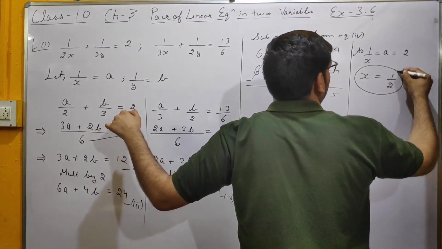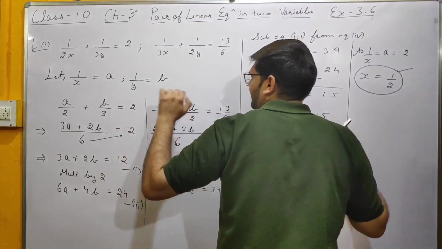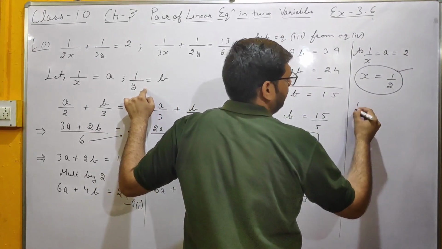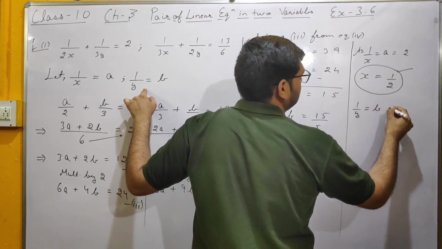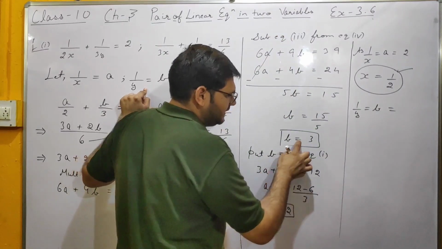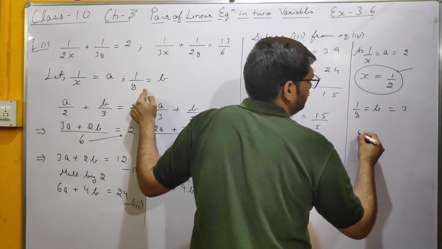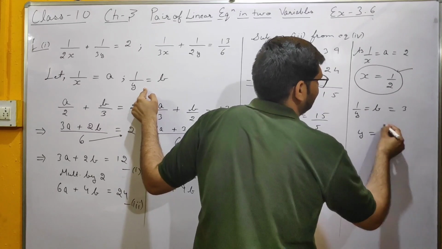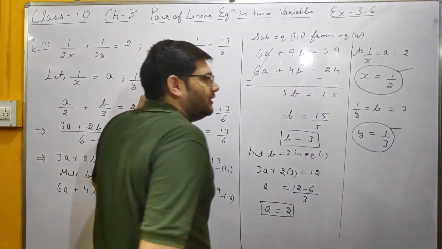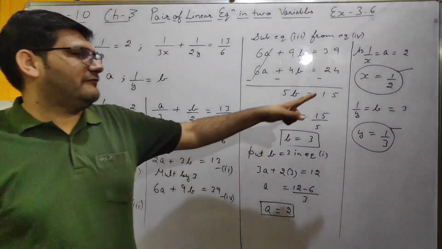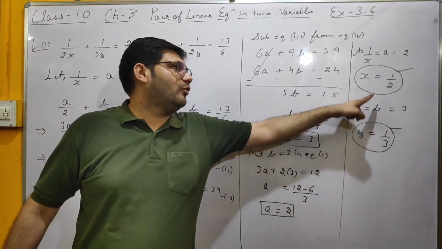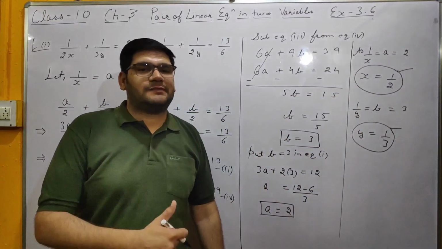So this is the value of x. Clear? And 1 by y was equal to b. What is b? b is 3. So just take the reciprocal, y equals to 1 by 3.